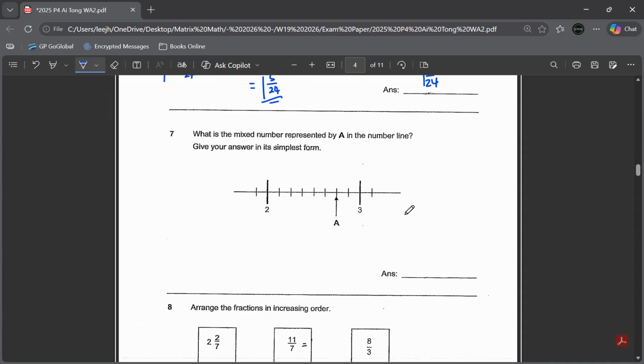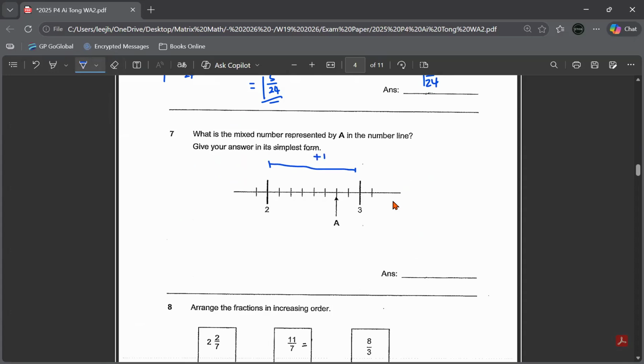Question 7. What is the mixed number represented by A on the number line? Give your answer in the simplest form. If you look from number 2 to number 3, you have a few intervals in between. If you count, it's 1, 2, 3, 4, 5, 6, 7, 8 intervals, which means from 2 to 3 is a difference of just 1, one whole only.